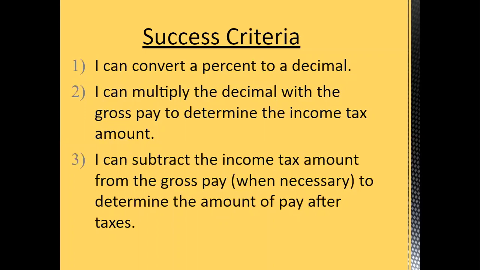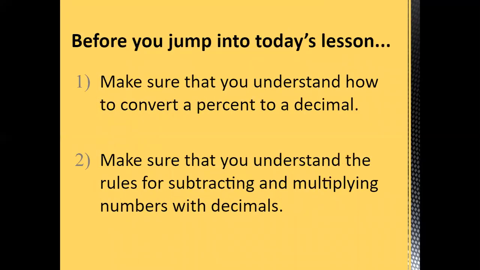Don't worry about those vocabulary words. We're going to go over them. And also, when you can subtract the income tax amount from the gross pay when necessary to determine the amount of pay after taxes. So that when necessary part is very key, because sometimes you'll see it's not necessary to make that step. And we're going to cover examples of both situations.